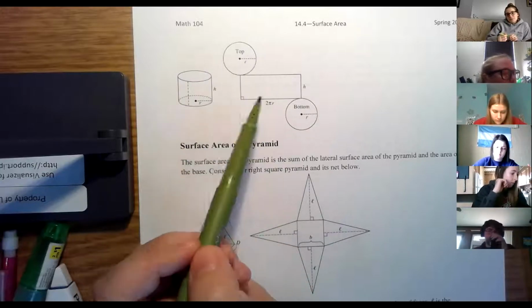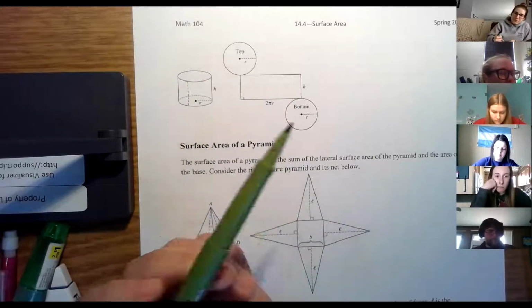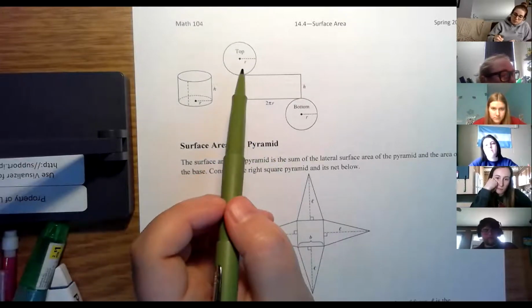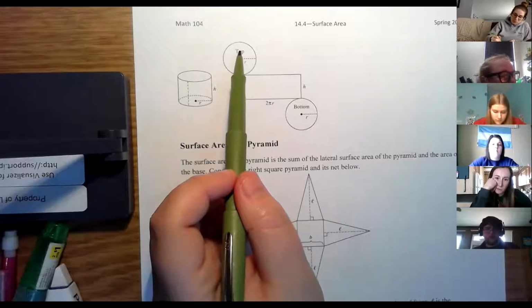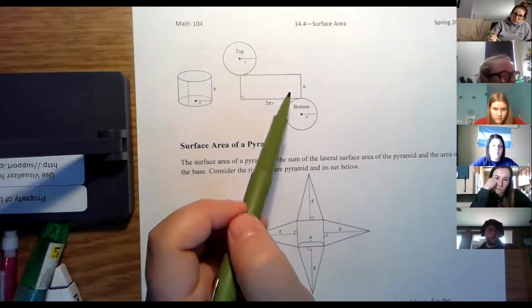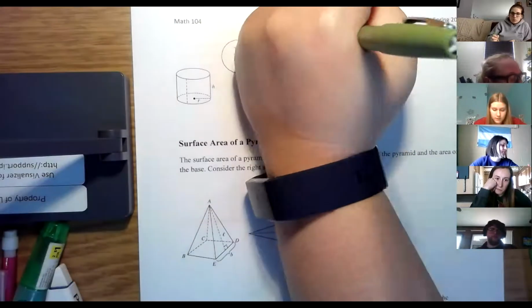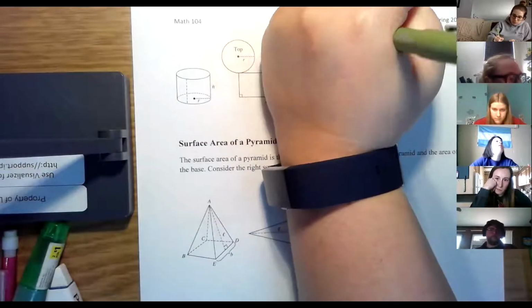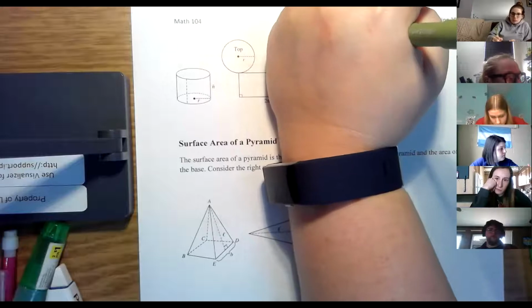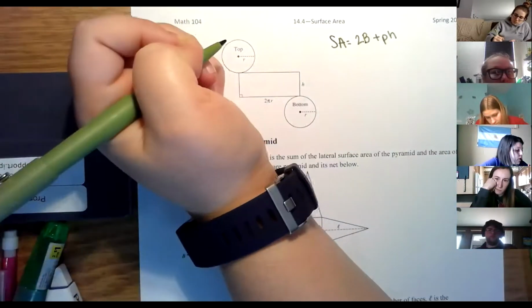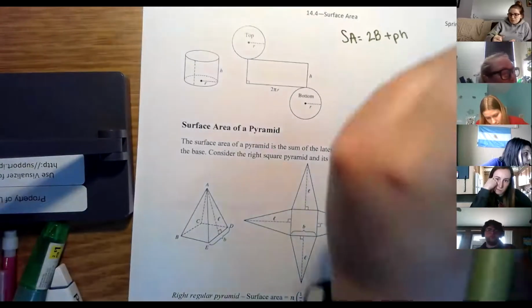Here we're just looking at how this relates to formulas for calculating areas. So if we have the same base, that surface area is twice the area of the base plus the perimeter times the height, right?